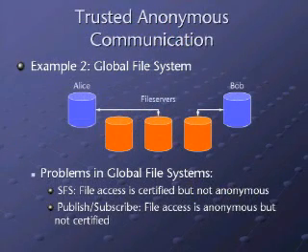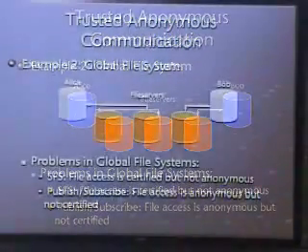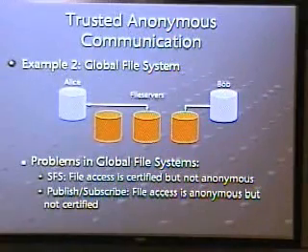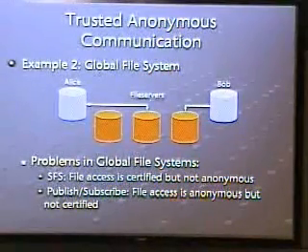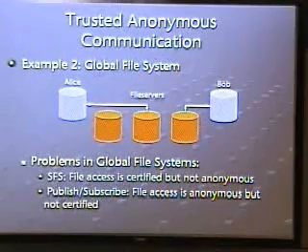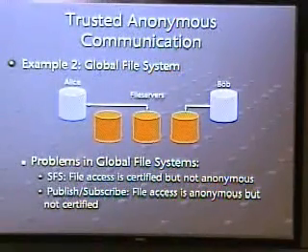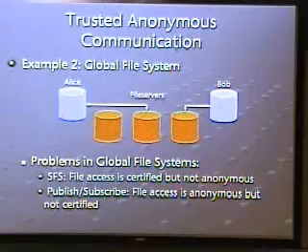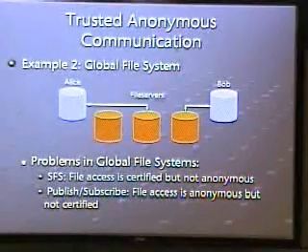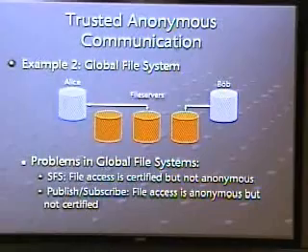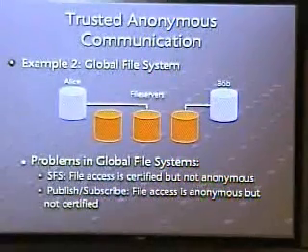The next example is the global file system. With a global file system like SFS, file access is certified but not anonymous, so people know that they access the right server because the public key is contained in the server path.